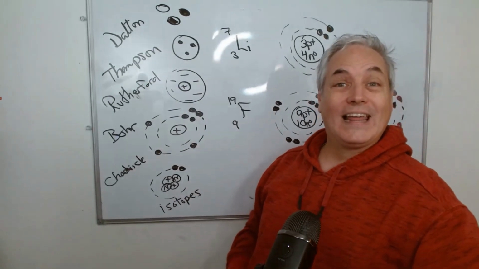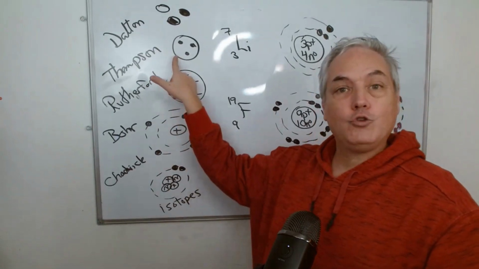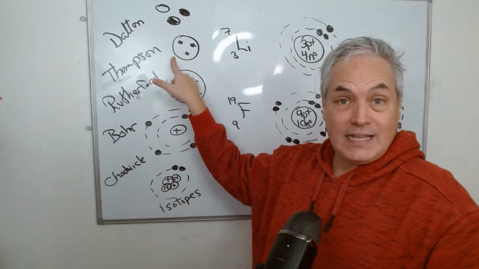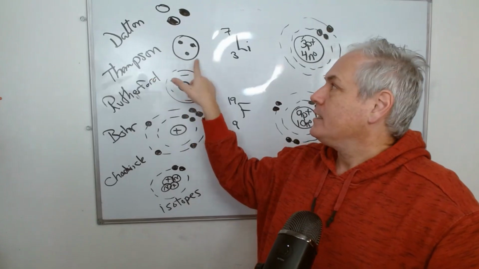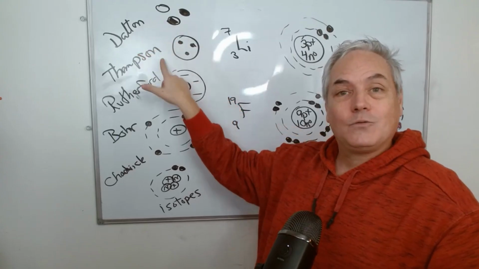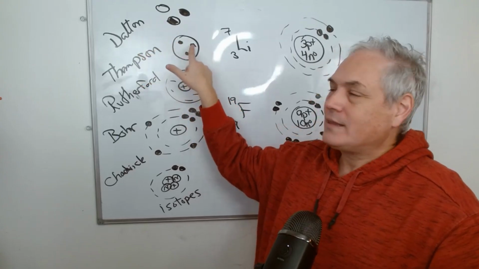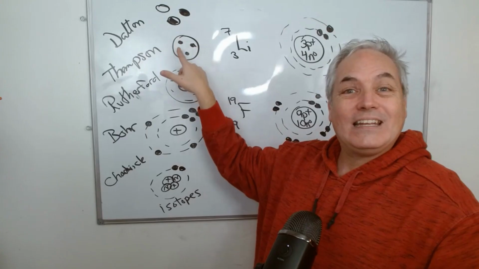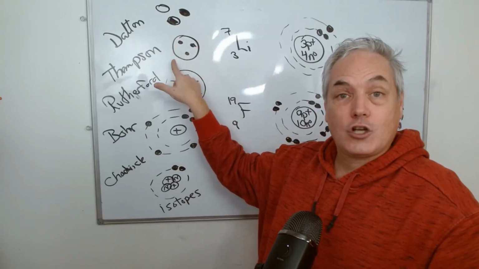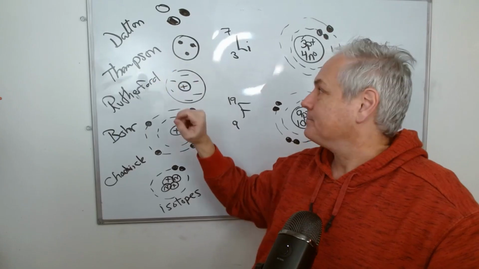Through his study of electricity, Thomson realized that a neutral particle is also affected by electricity and electromagnets. So he agreed that particles existed, like Dalton did, but within it, we have a positive particle with little negative electrons sprinkled on it. This is the idea of a chocolate chip cookie or a plum pudding.